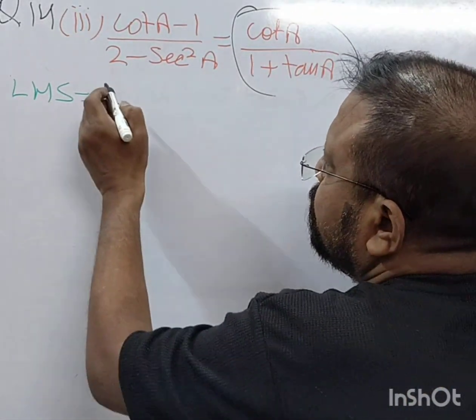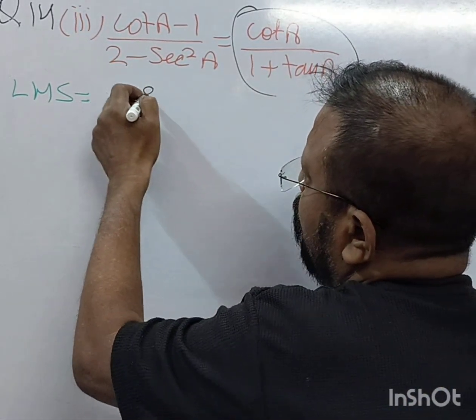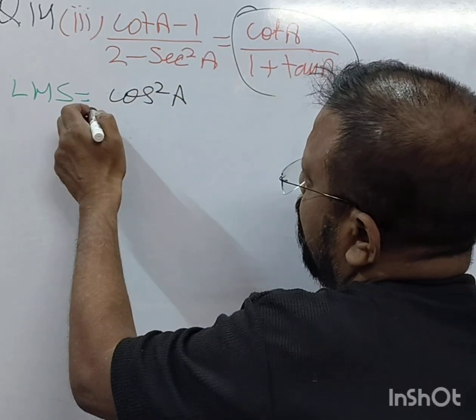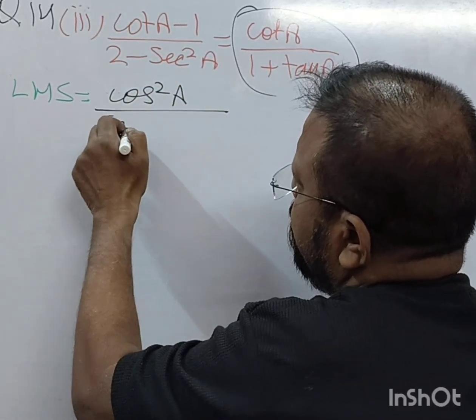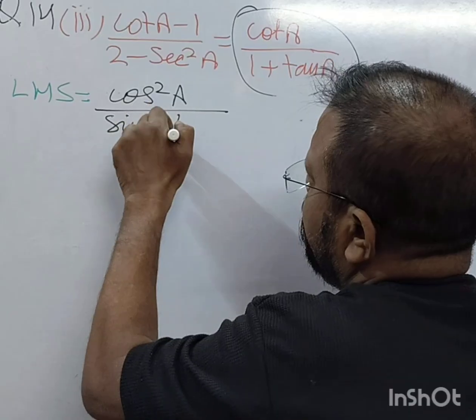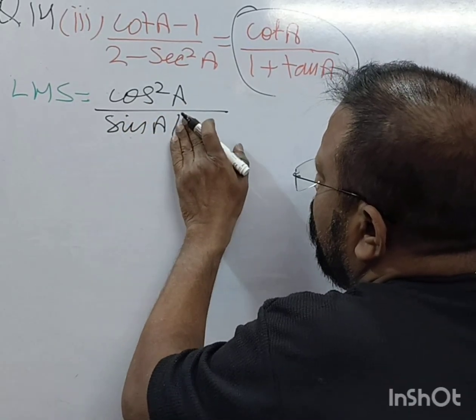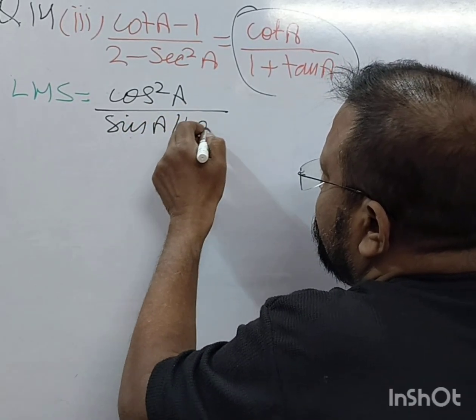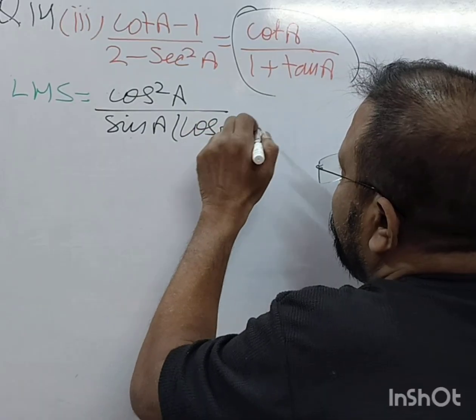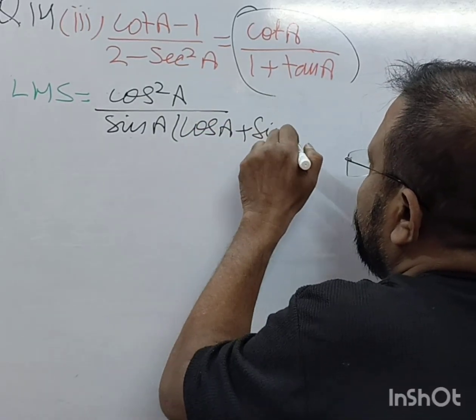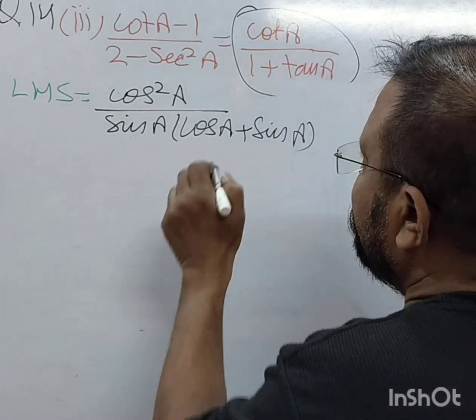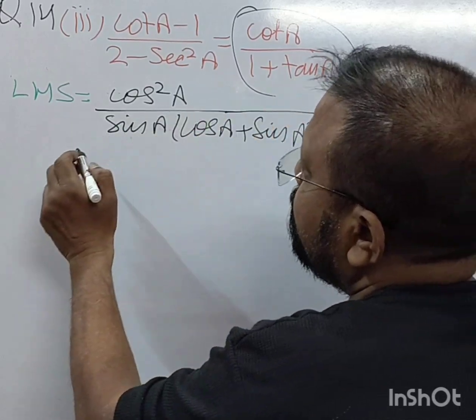Cos square A upon sin A bracket cos A plus sin A. You get it? What do you do?